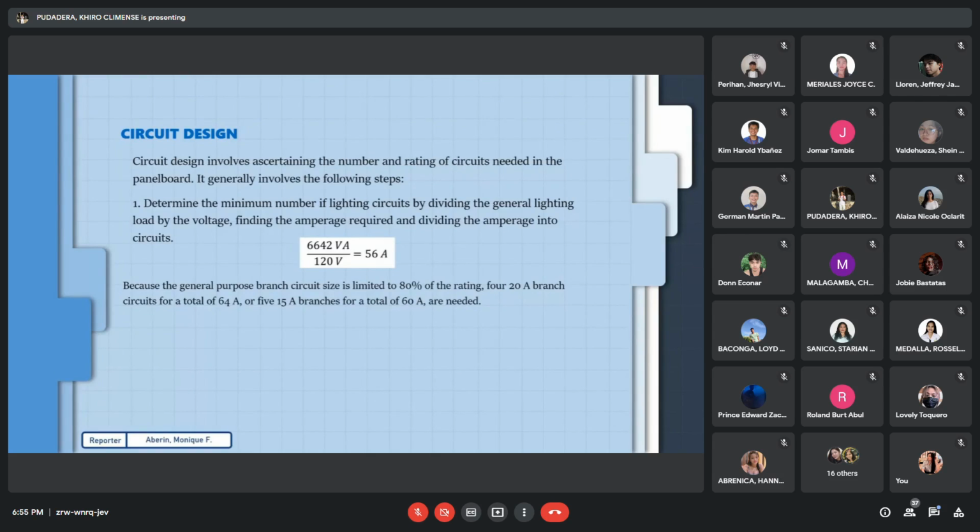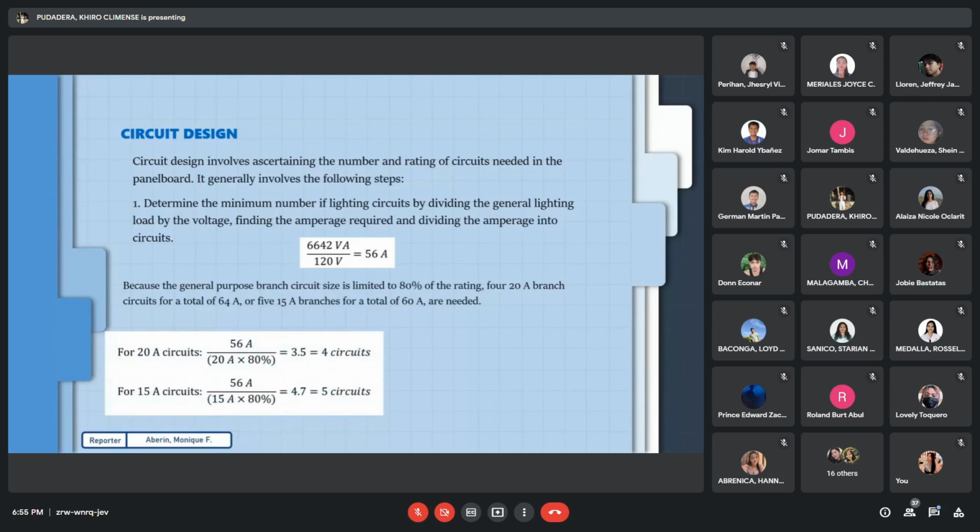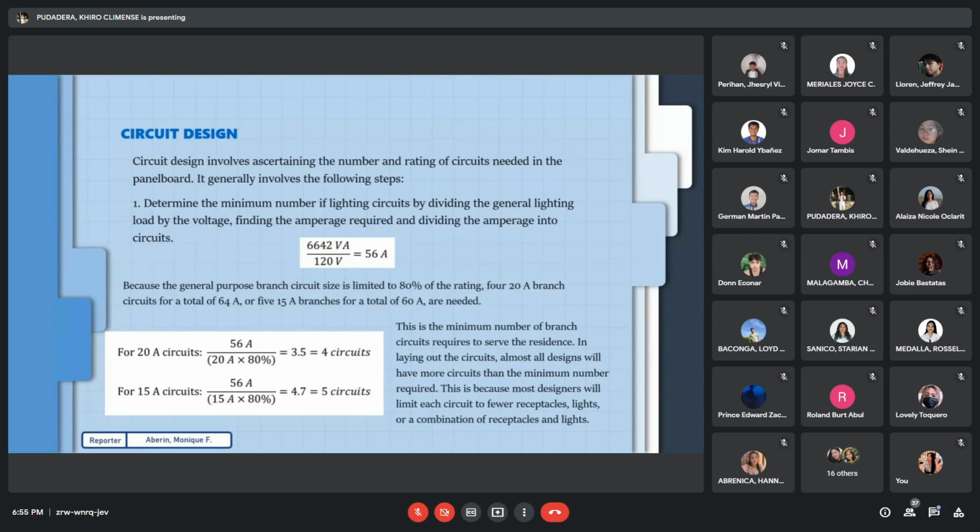For 20A circuits, 56A over 20A times 80% equals 3.5, equals 4 circuits. For 15A circuits, 56A over 15A times 80% equals 4.7, equals 5 circuits. This is the minimum number of branch circuits required to serve the residence.